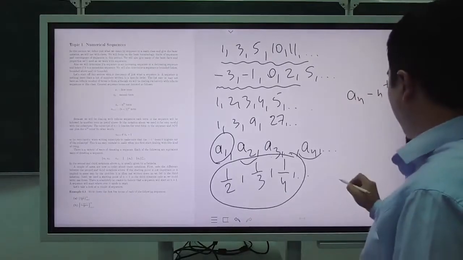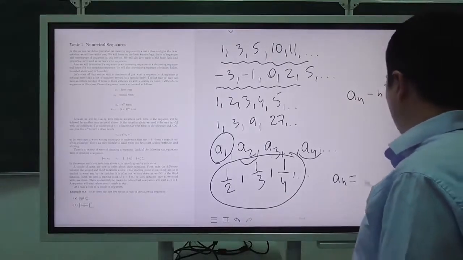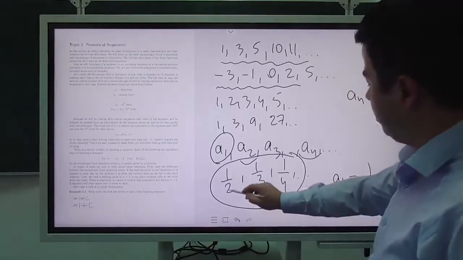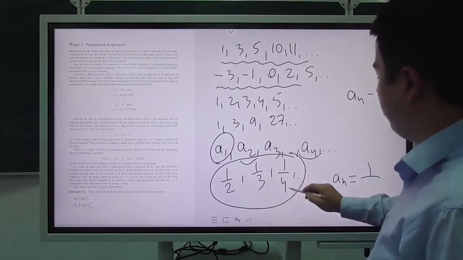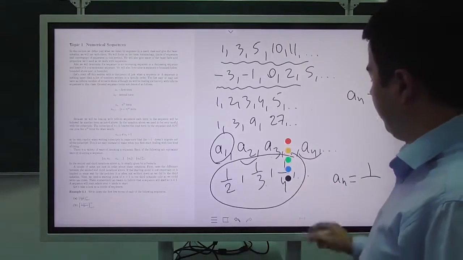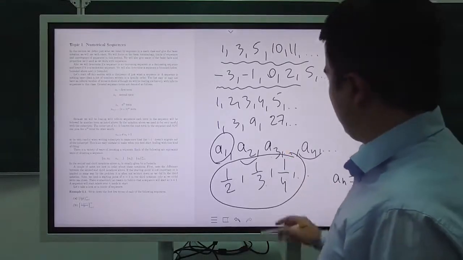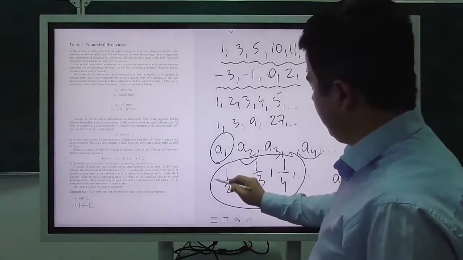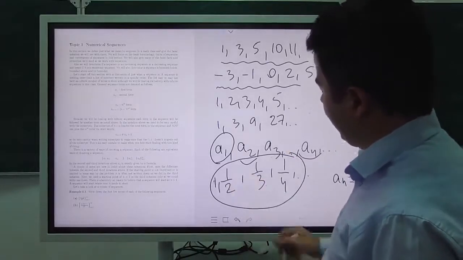And how to define the nth term of a sequence in this case? So here an is 1 over what? Here we have 2, here we have 3, here we have 4. And if you want to begin from 1 here, if we add 1, what do we get?